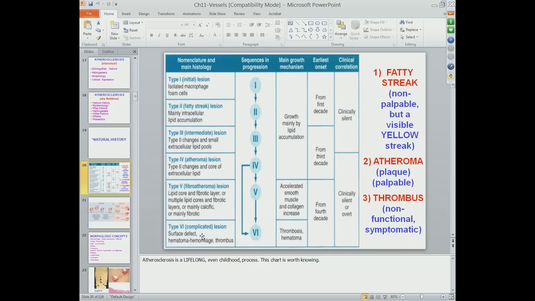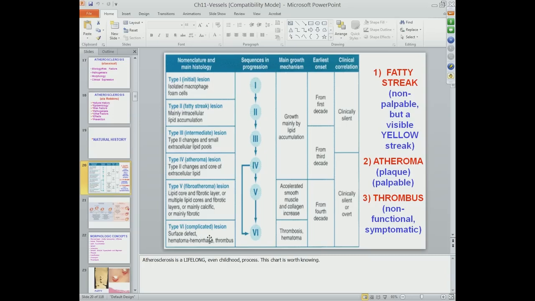Now, let's talk about the last, or the most advanced stage. Not only do you have something that's palpable and has been reacted to with an inflammatory response of calcification and fibrosis, but this material now protrudes, perhaps breaches the endothelial cells, to be at risk for a thrombus.